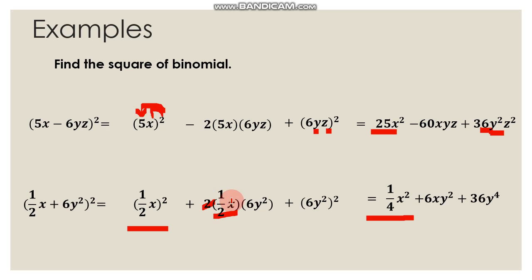So the remaining is 1x times 6y squared. So we got 6xy squared. And then 6 times 6, because we are going to distribute the 2. 6 times 6 is 36. And then power rule, 6 y raised to the 4th power.